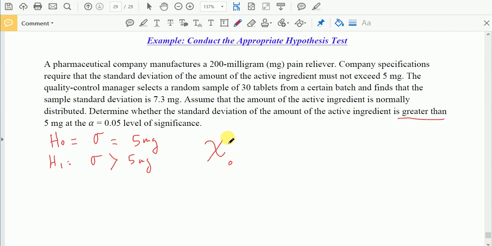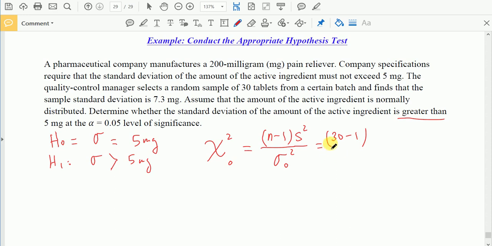So chi-square has n minus 1 over sigma naught square, multiplied by s square here. Okay, and n here is the total number of the sample, in this case 30, right? So we have 30 minus 1.